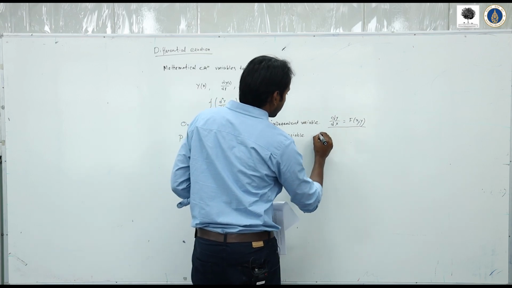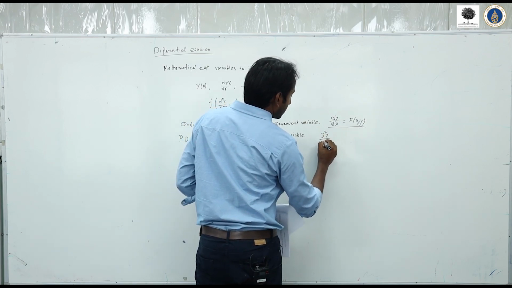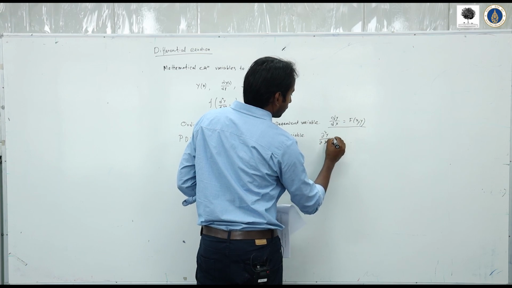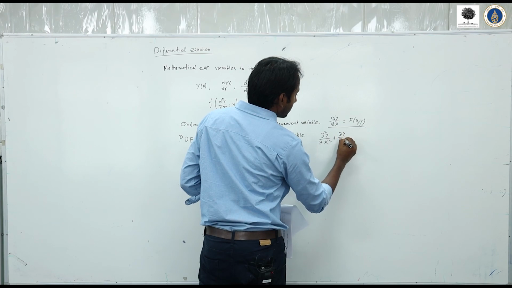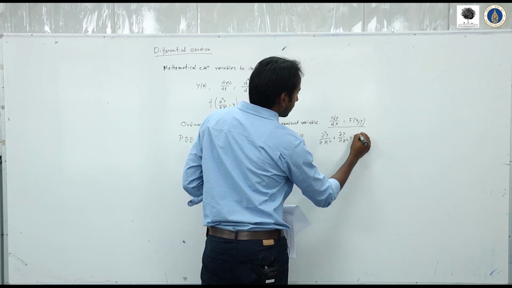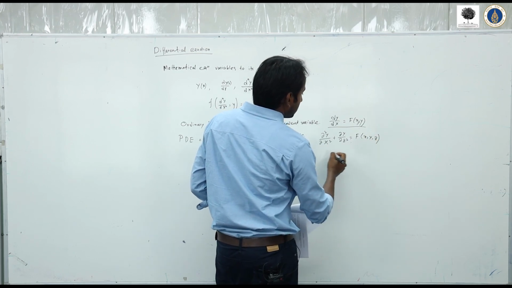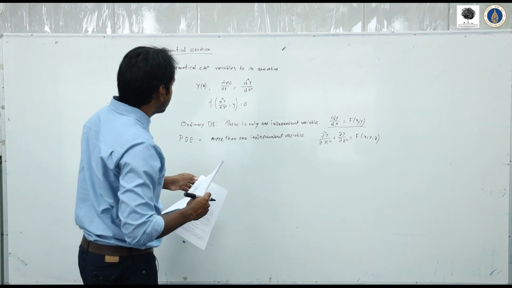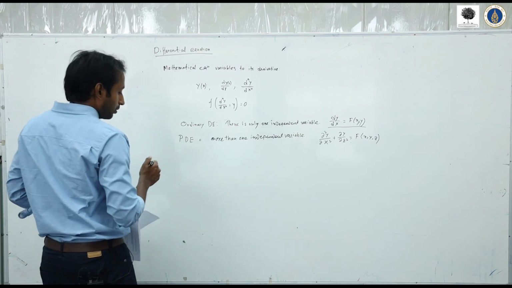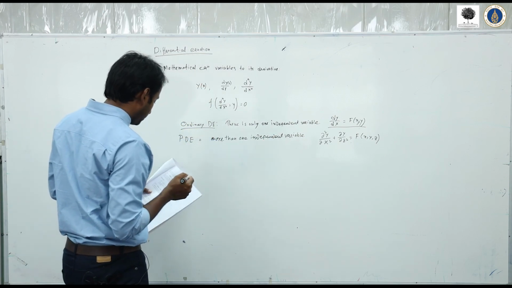And if you have partial derivatives, suppose I take del 2y by del x2 plus del 2y by del z2 equal to some function of x, y and z, then it is a partial differential equation. In this video we will be focusing mostly on ordinary differential equations, where there is only one independent variable.